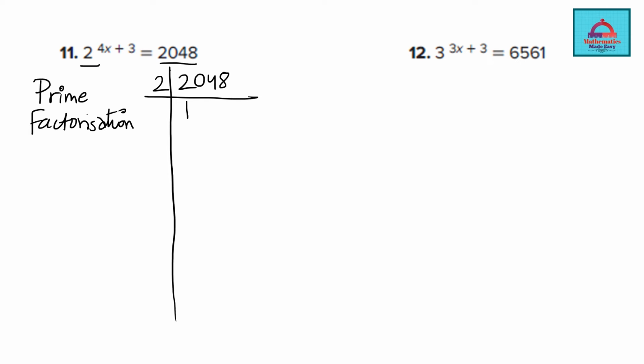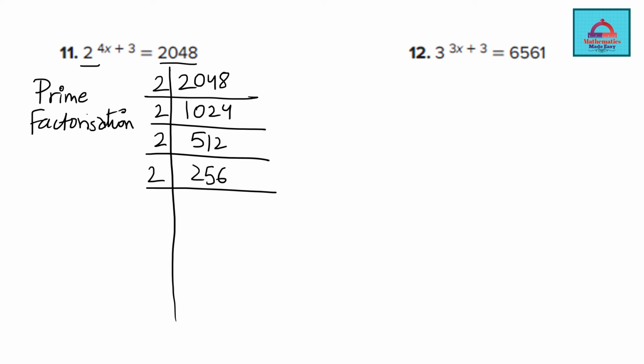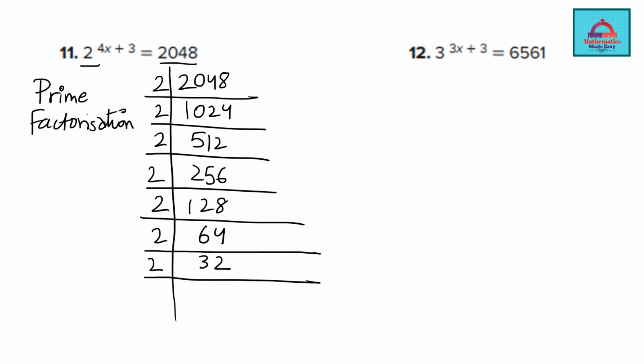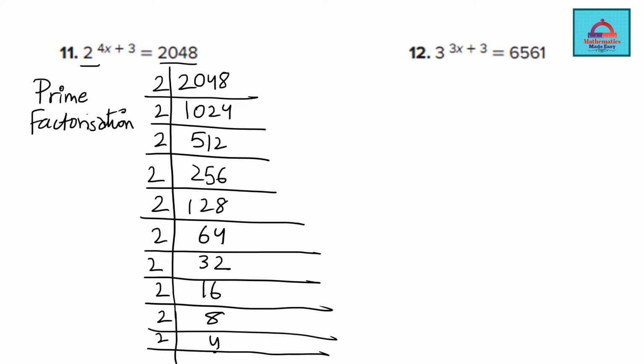When you do, it will be 1024, again 2, so it will be 512, again 2, so it will be 256, again 2, so it will be 128, again 2, so it will be 64, 2, 32, 2, 16, 2, 8, 2, 4, 2, 2, and 1.